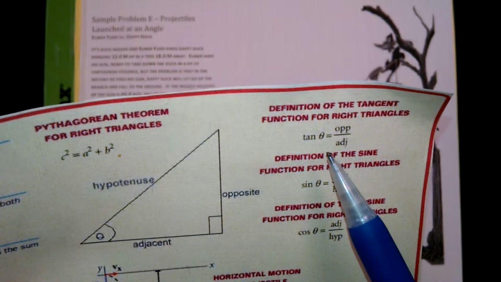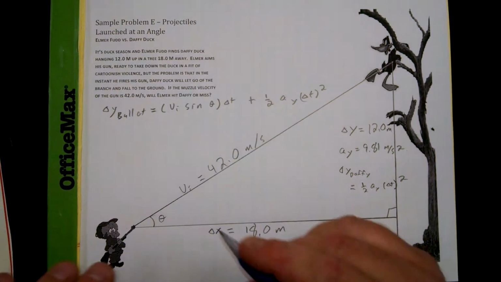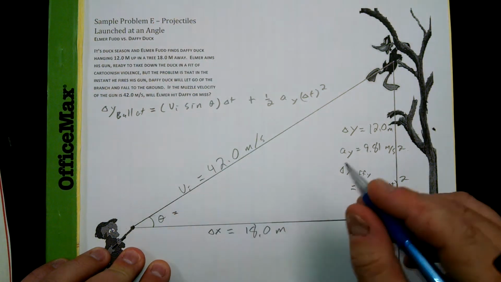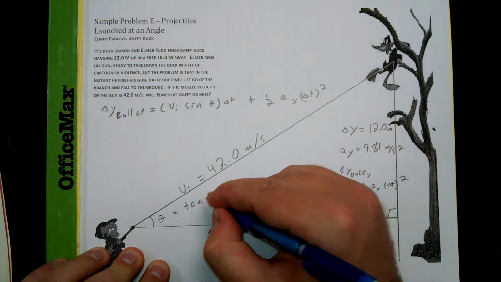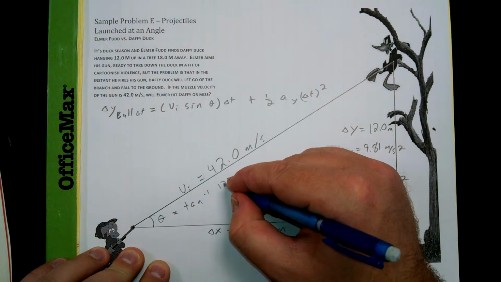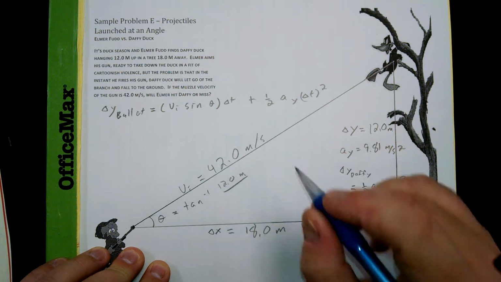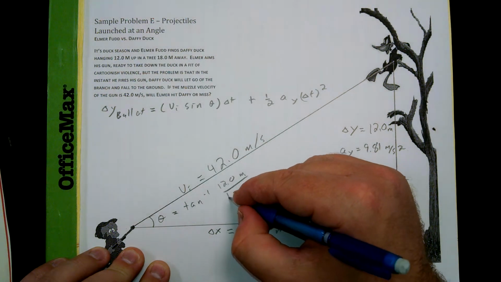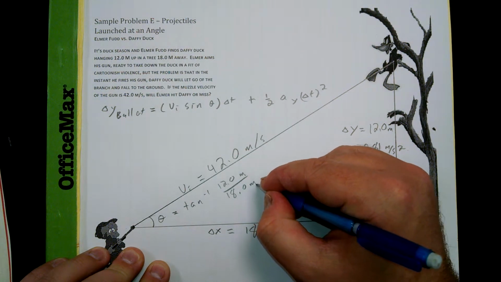And because we're looking for theta, we're going to have to take the inverse tangent, tangent -1, of the opposite side, which is 12.0 meters, divided by the adjacent side, which is 18.0 meters.